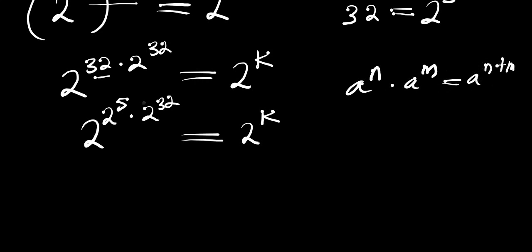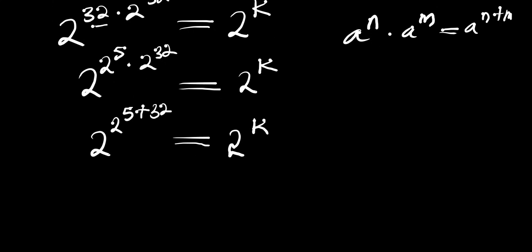That means we can as well add these two exponents. We have 2^(2^(5+32)), and this equals 2^k. So if you add 5 to 32, we are going to have 37, and this equals 2^k.